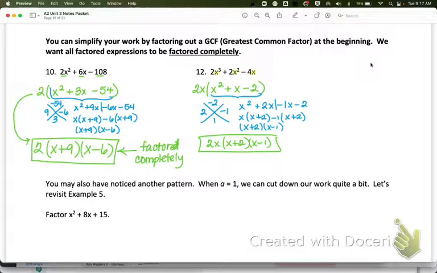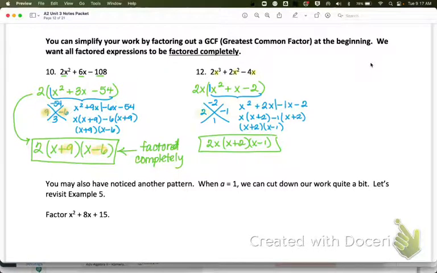Now, in these two examples, when we factored out, you might have noticed another pattern here. In both of these cases on the inside, we ended up with a case where a was equal to 1. And look at what happened here, okay? The two numbers that I got on the side ended up being exactly what was left in my factors.